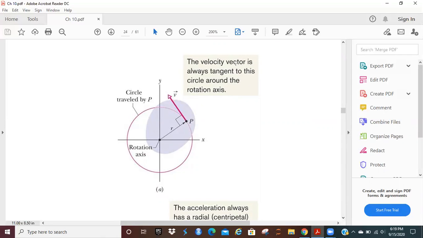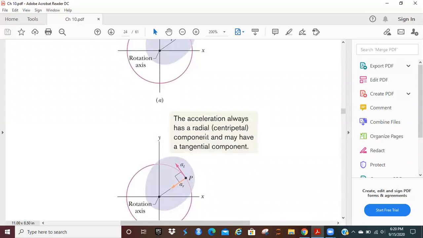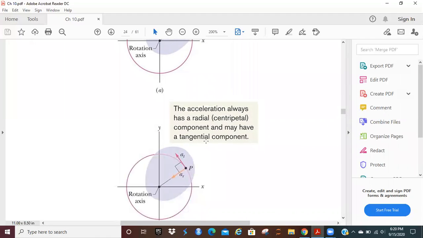So the velocity vector is always tangent to the circle around the rotation axis. That should come as no surprise, because that's how we've looked at uniform circular motion up to this point. The acceleration always has a radial, centripetal component. That's something that we had seen before. But it might also have a tangential component as well.